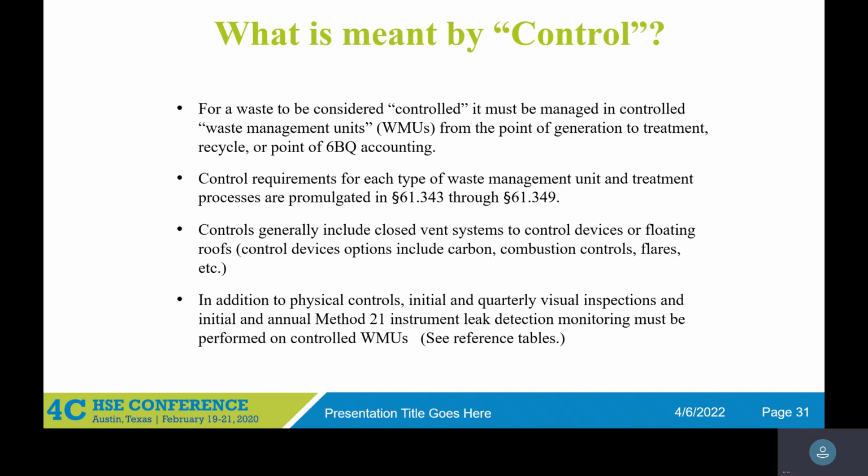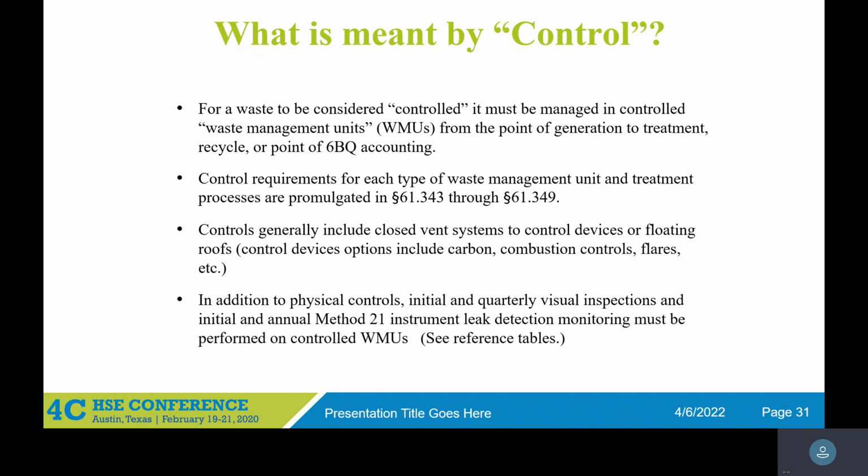So there's only 7 types of waste management units. And so whatever your process goes, it goes into one of those, and that's called a waste, right? From process vessel to waste management unit. And there are the 61.343 to 49. It will tell you, this is how you control this one, this is how you control that one, this is how you control that one, etc.